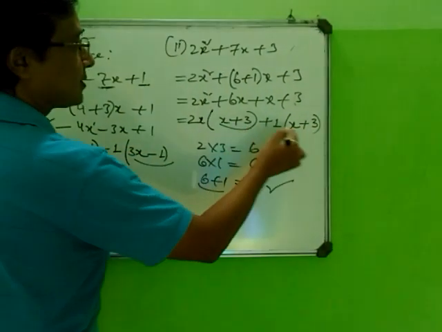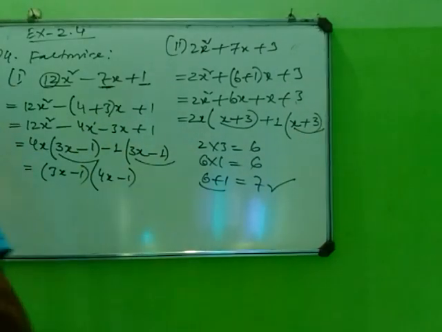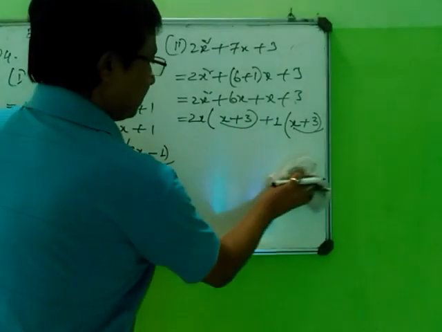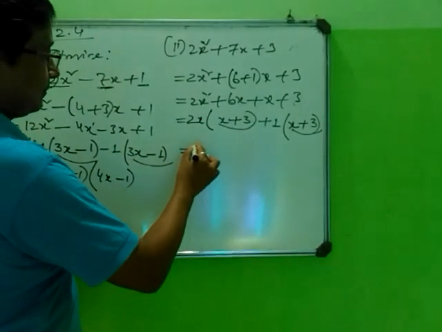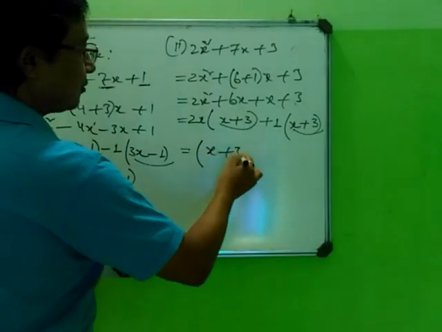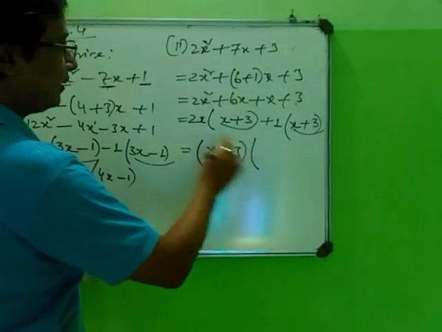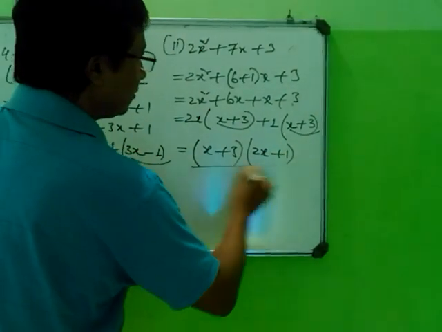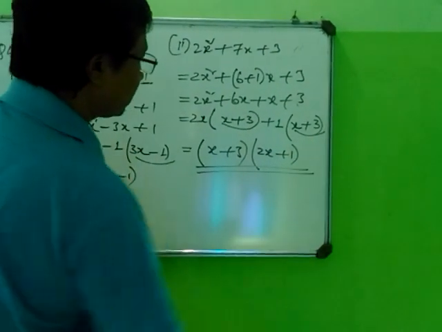Now you see these two are the same. That means your factorization is correct. So from these two you take the common factor x plus 3, and from the remaining, 2x plus 1. So here this one is factorized.